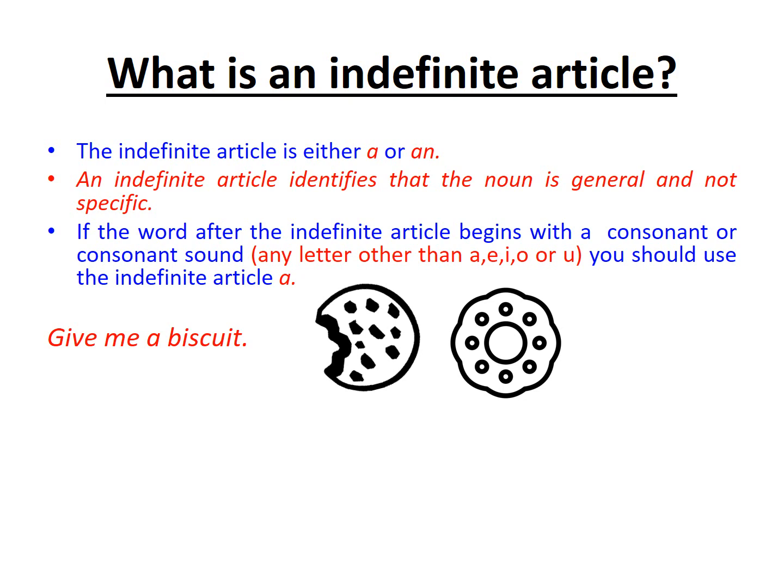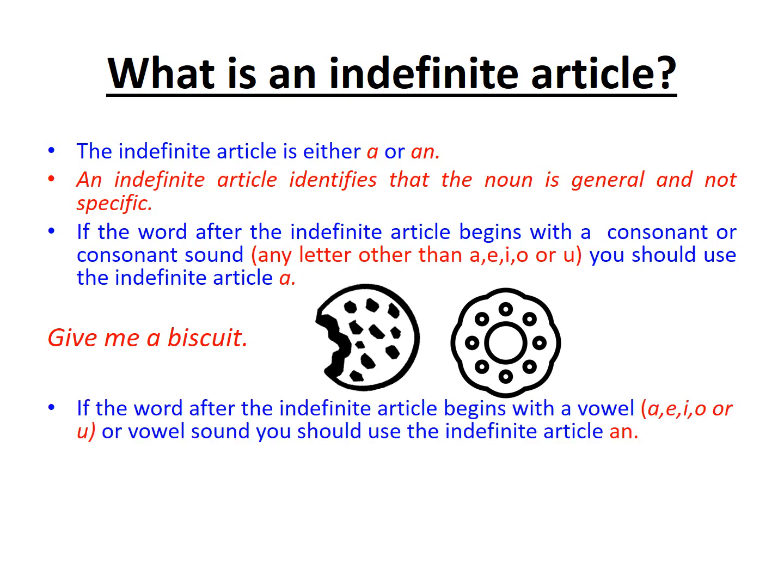However, if the word after the indefinite article begins with a vowel, that's A, E, I, O or U, or a vowel sound, you have to use the indefinite article an. If I said, she is an adventurer, because adventurer begins with an A and that is a vowel, I would have to change the indefinite article to an.